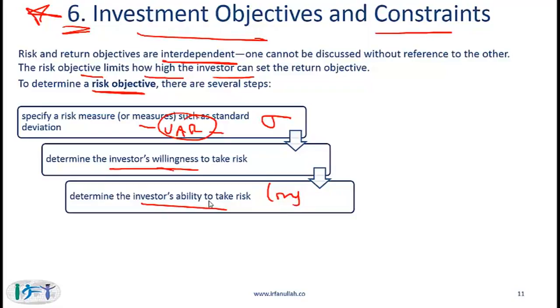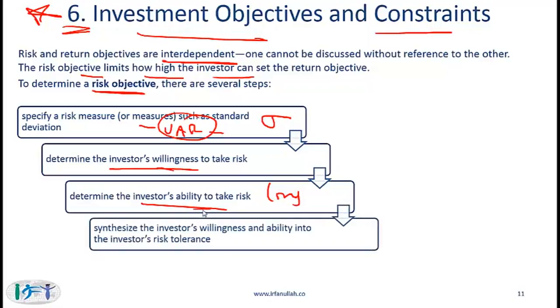What about the financial strength? So if the investor is wealthy, then the ability to take risk will be relatively high. So you look at these factors and determine the investor's ability to take risk. And then you synthesize or combine the willingness and ability into the investor's risk tolerance.